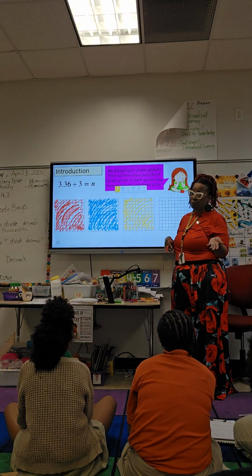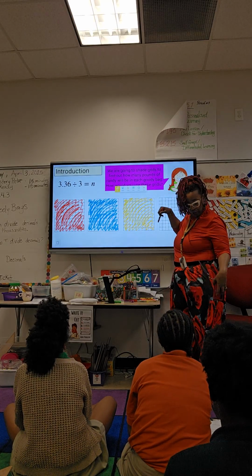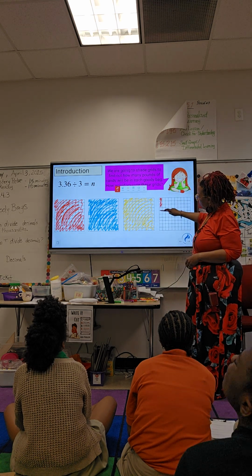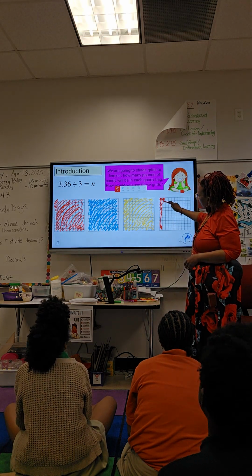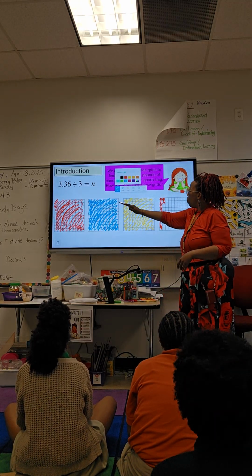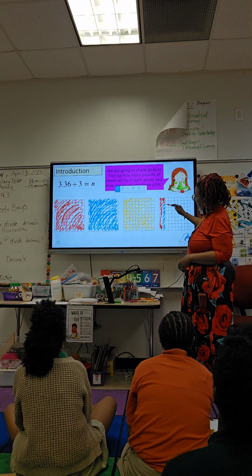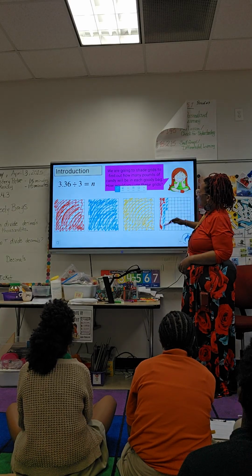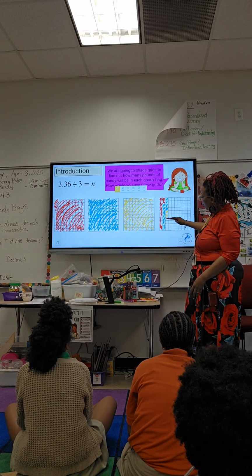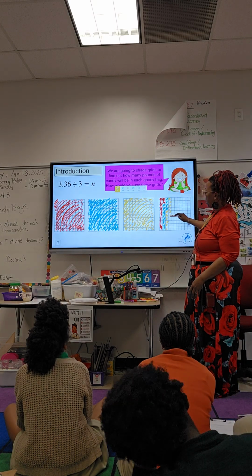So 36 divided by 3 is 12. So therefore, I'm going to do 12 hundredths pound for each child. So I come over here and I give one child 12 hundredths, so that's 1 and 12 hundredths for one child. 12 hundredths pound for the second child, and then the third child, 12 hundredths.